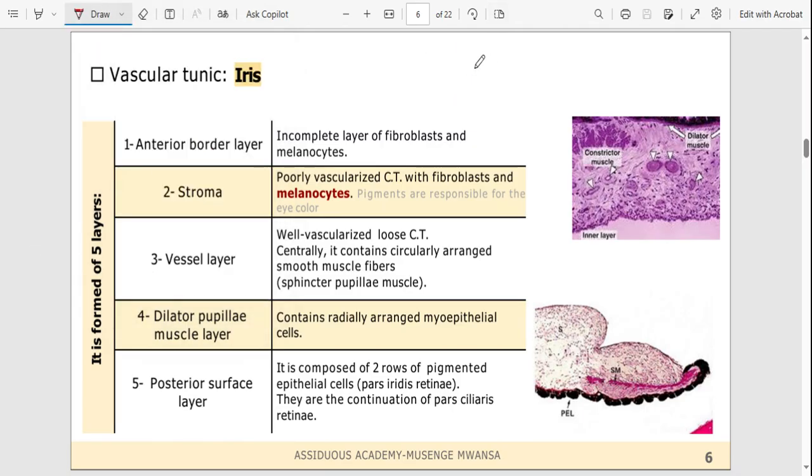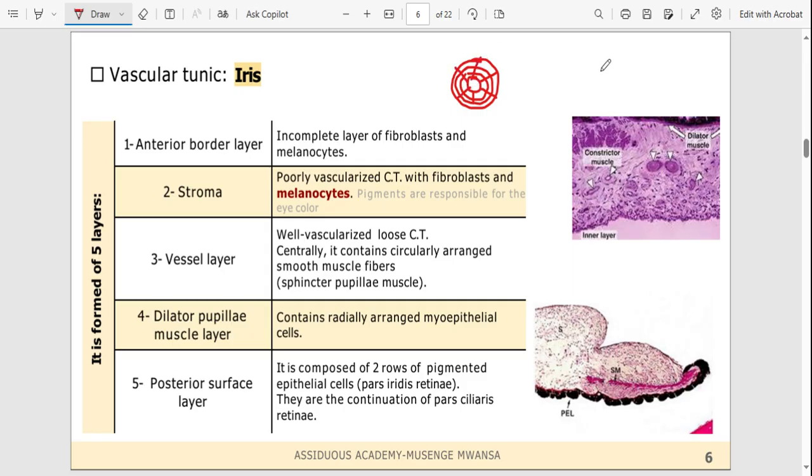So the iris, when you are looking from the front of the eye, is going to be like this. It's going to leave a space in the middle, which we call the pupil. It has some muscles which are round, like that. Those are circular muscles. It also has muscles which go like that. We call these radial muscles.